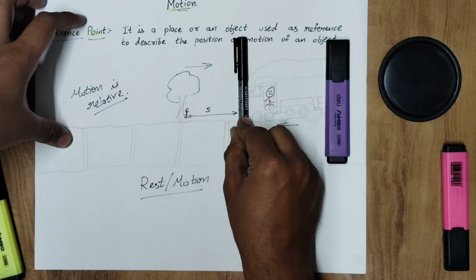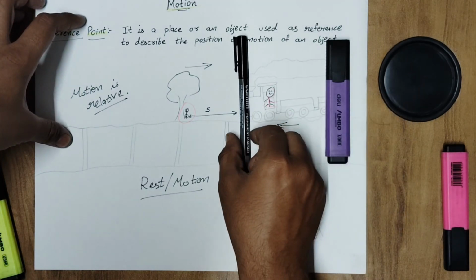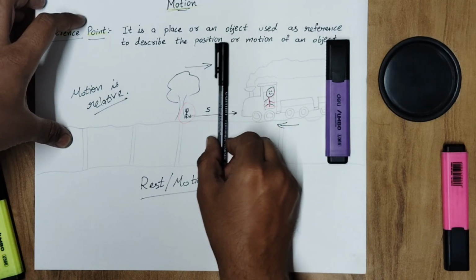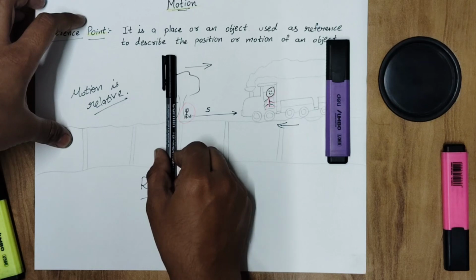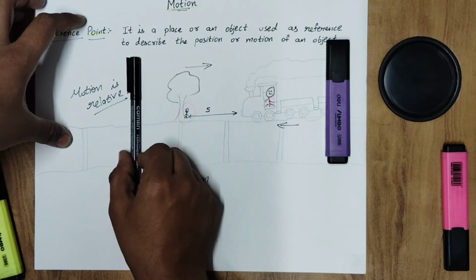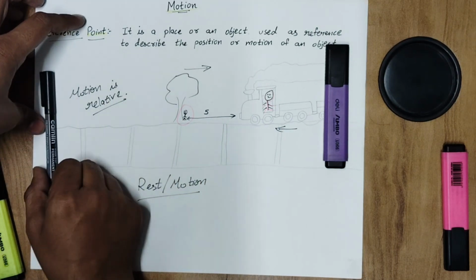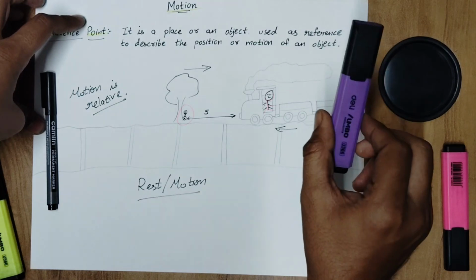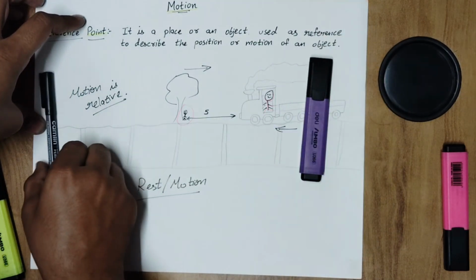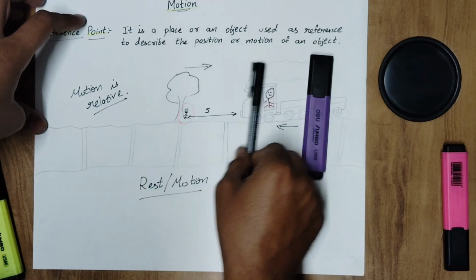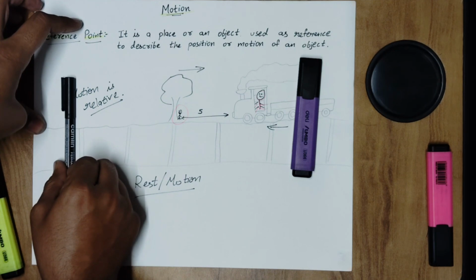तो फॉर दिस मार्कर दिस इज at rest. And if this marker moves at 1 second in this direction, on the second second, this direction, on the third second, it moves to here, fourth, fifth, and sixth. At each and every second, this observer is observing this marker moving in left direction.